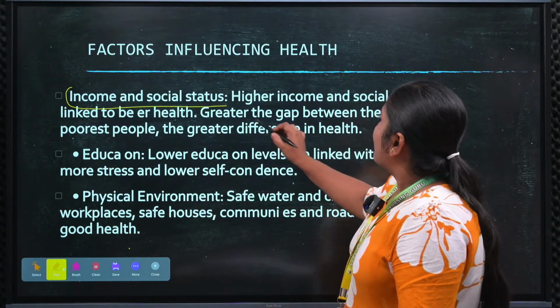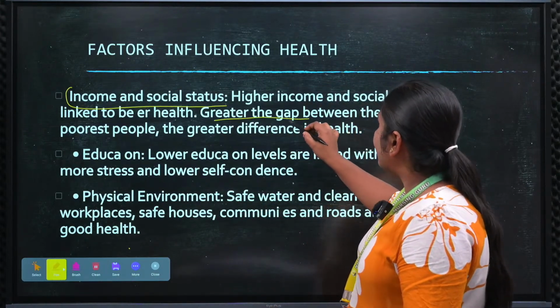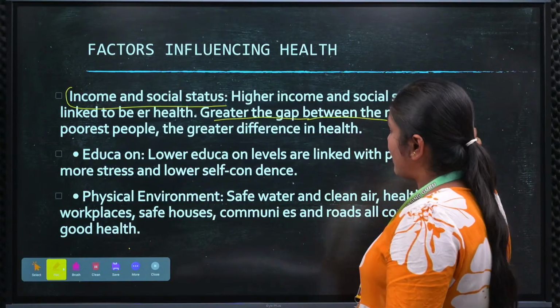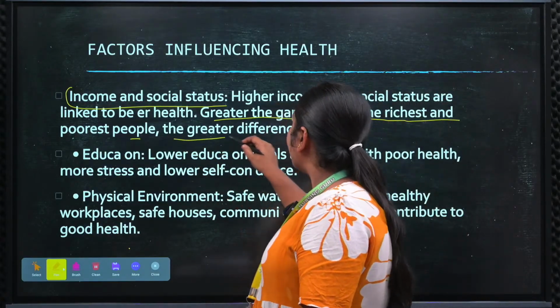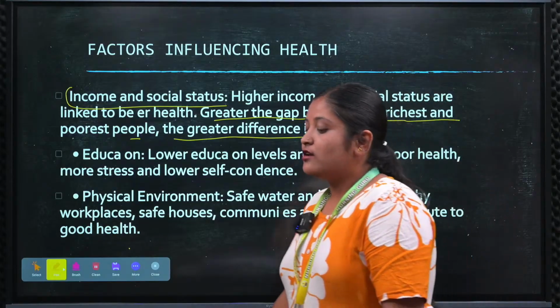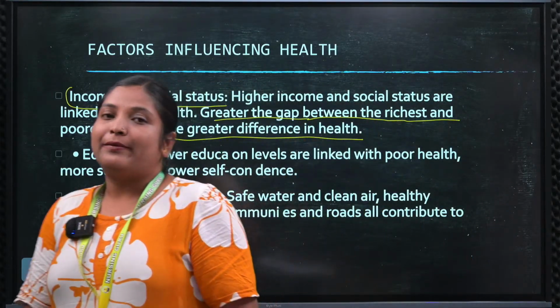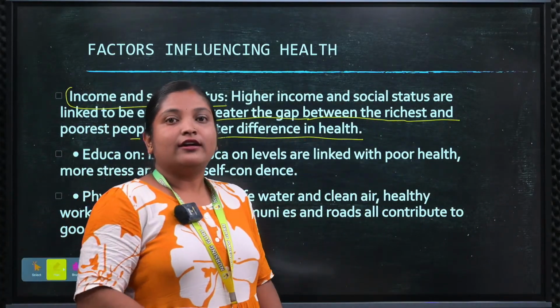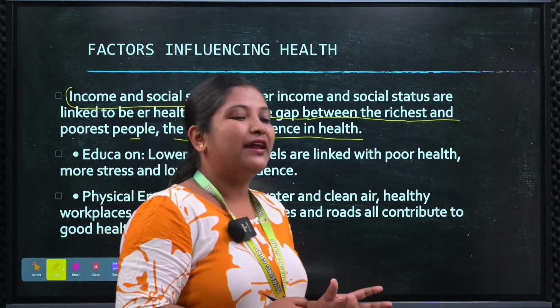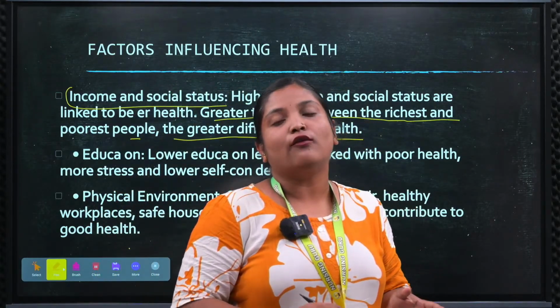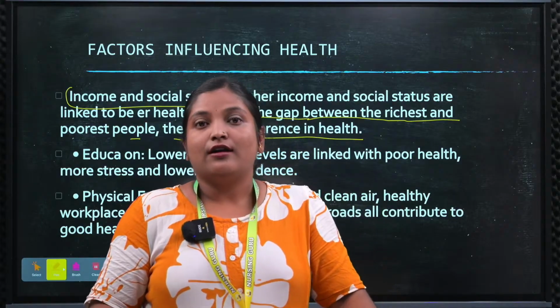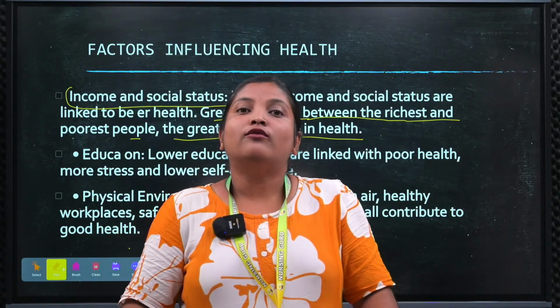The greater the gap between the richest and the poorest people, the greater the difference in health. For example, poor people can't afford plenty of fruits or healthy foods every day. Why? Because there is a lack of money.